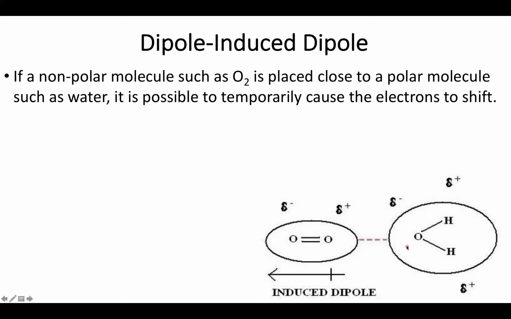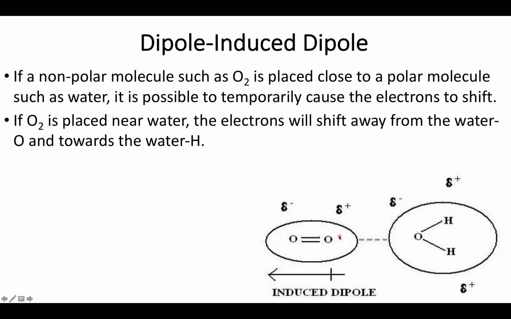But what ends up happening is if I have something like water, which is very polar because of its hydrogen bonds, and I place it near oxygen, well, that partial negative charge on water can induce a partial positive charge on oxygen, just temporarily. What we're watching is those electrons swishing from side to side using that polarizability.